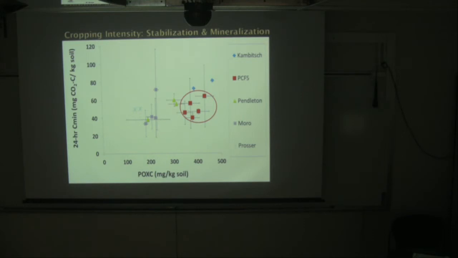Again, with some noise in the data, making it somewhat difficult to detect differences there. And then Pendleton, no cropping intensification there with winter pea, which has only been in rotation for 1 year. No significant differences detectable there yet, which would not be surprising after 1 year.